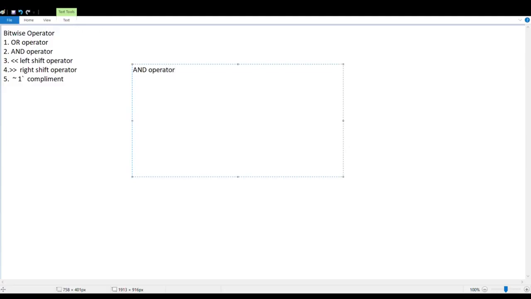The AND operator is a bitwise operator which is used to perform operation between two bits, but if both of the bits are 1, then only the output is 1. Otherwise, zero.